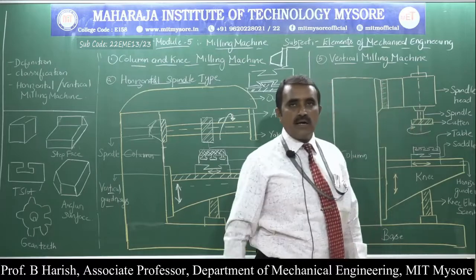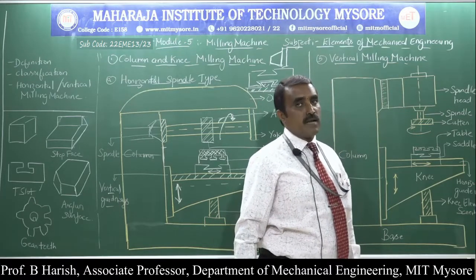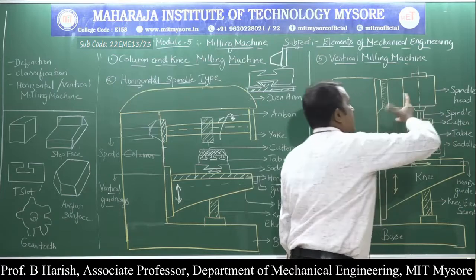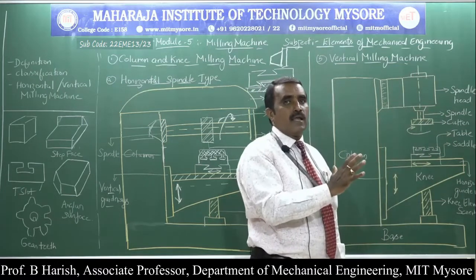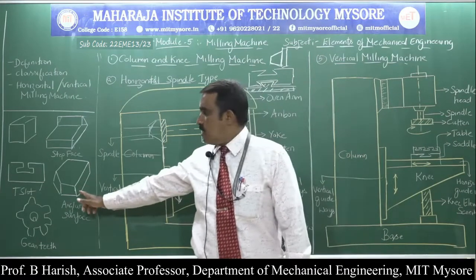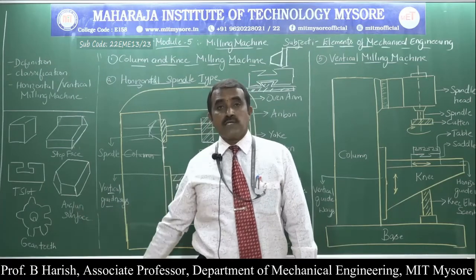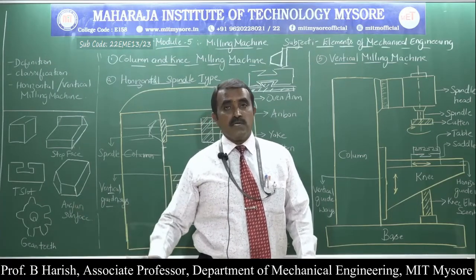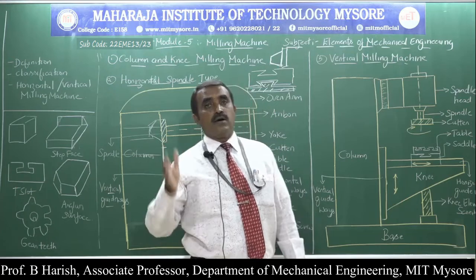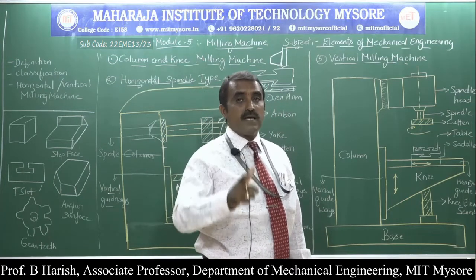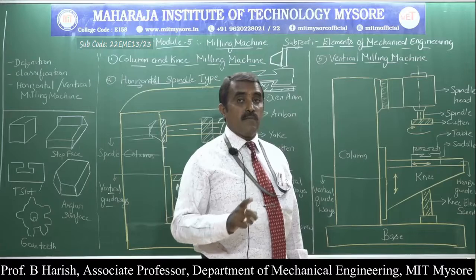One important feature of this vertical milling machine is that I can tilt the spindle head to any required angle. One of the operations that can be performed is cutting an angular surface. In other machine tools, cutting an angular surface is not an easy job, but it can be done easily on a vertical milling machine.